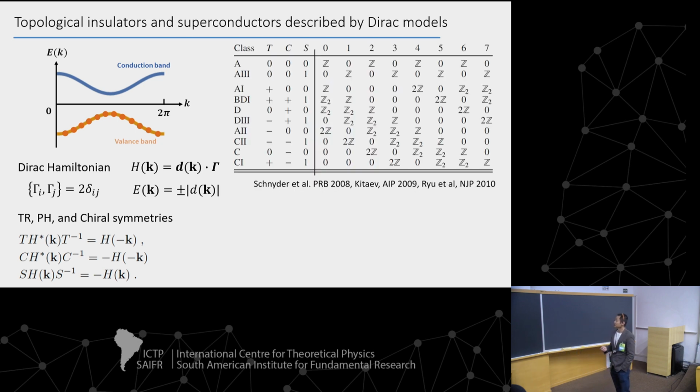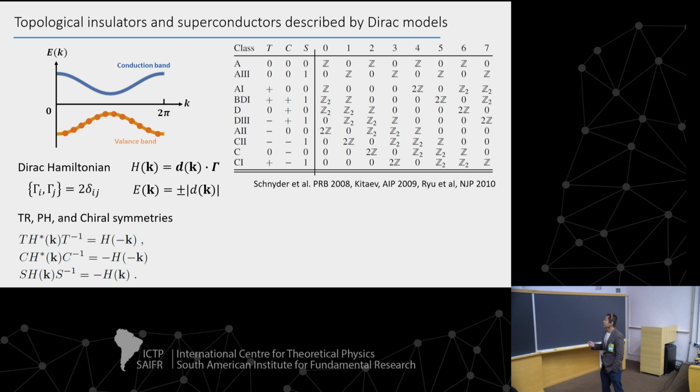And the result of this classification is the very famous periodic table of topological materials, where you have 10 symmetry classes according to whether it has or has not time reversal and particle-hole symmetry, and whether this time reversal and particle-hole square to +1 or -1, and the product of these two is the so-called chiral symmetry here.